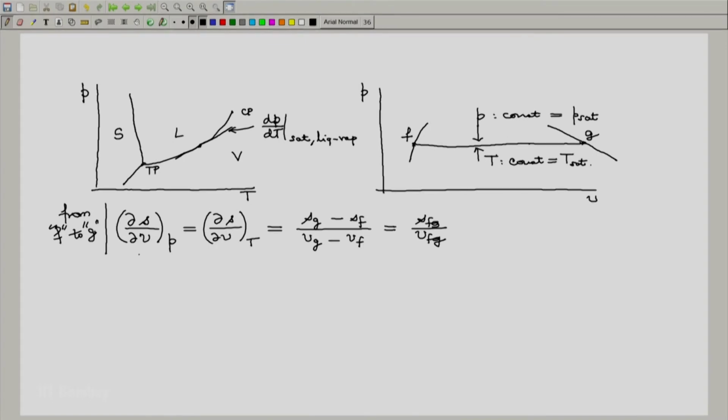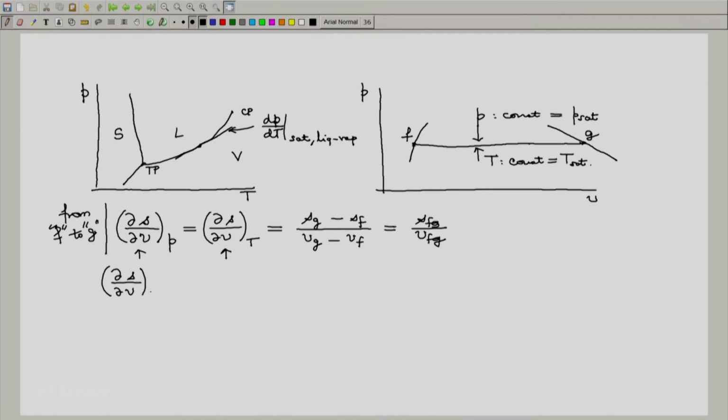Now notice that both these partial derivatives are represented in the Maxwell's relations. So, without spending much time on it, I will use the relations and will be able to show. I recommend that you check this out.